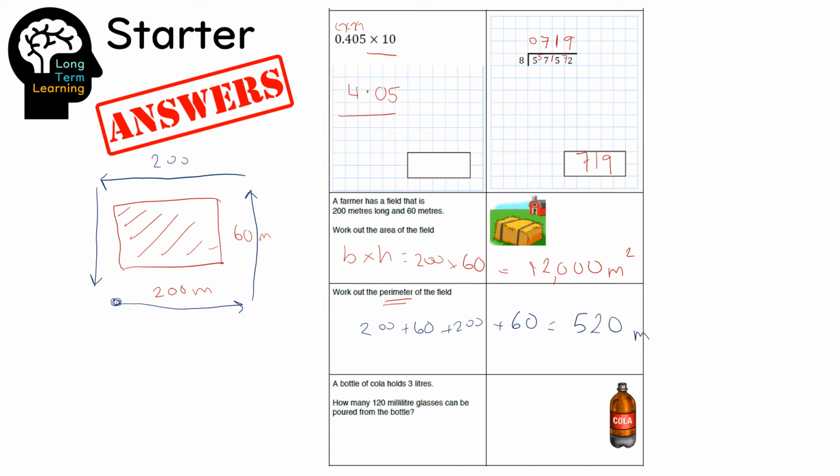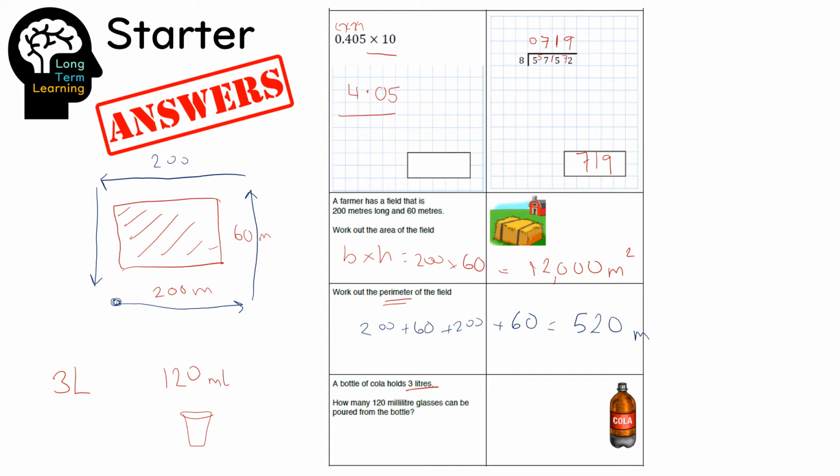Brilliant. Last question. A bottle of cola holds 3 litres. How many 120 millilitre glasses can be poured from one bottle? Well, my issue here is I've got 3 litres and 120 millilitres. So they're two different units of measurement.